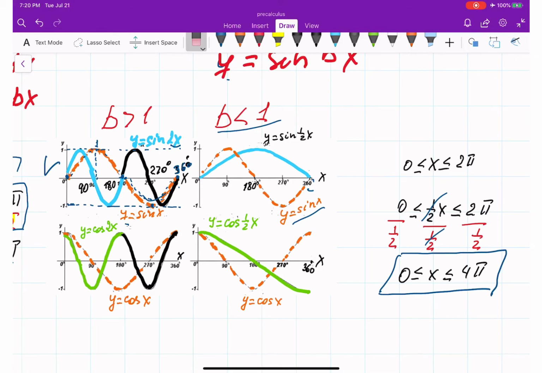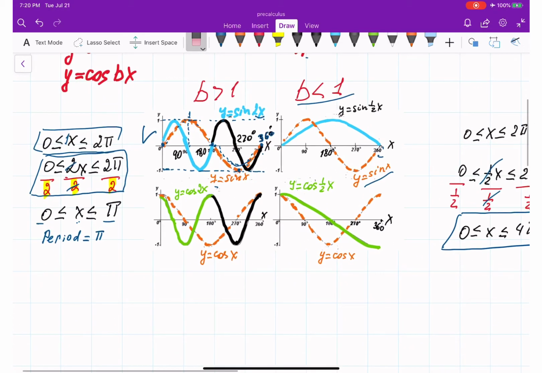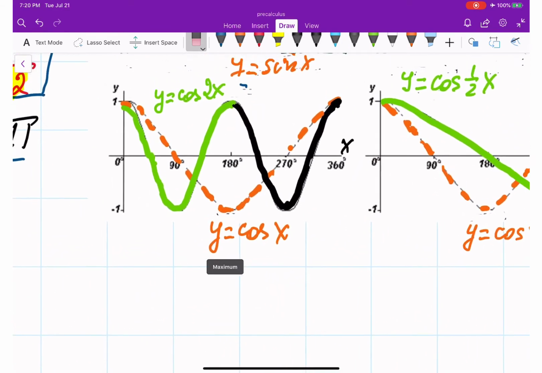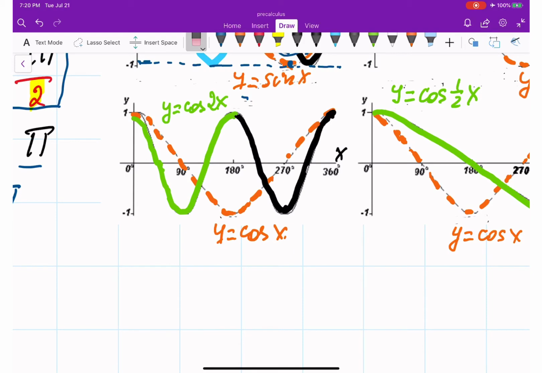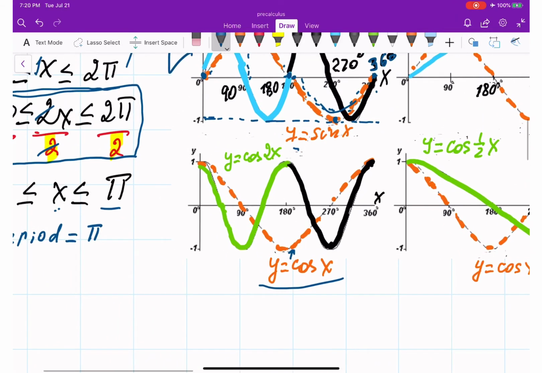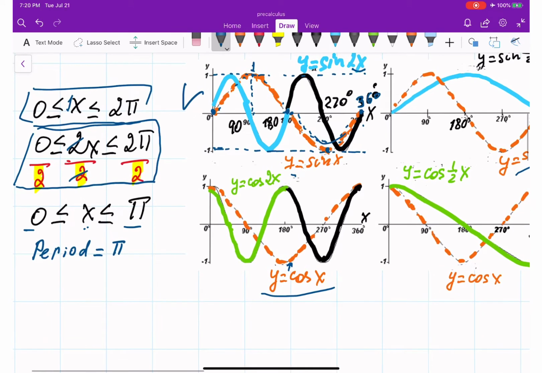Similar way, I can show you cosine x. So this orange colored dashes, we see it's a cosine x. And that's this one. Cosine x also has period 2 pi, right? Just like sine x has period 2 pi.